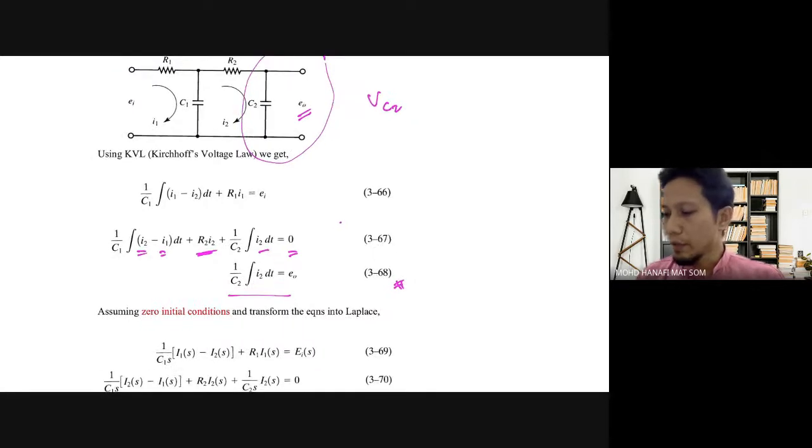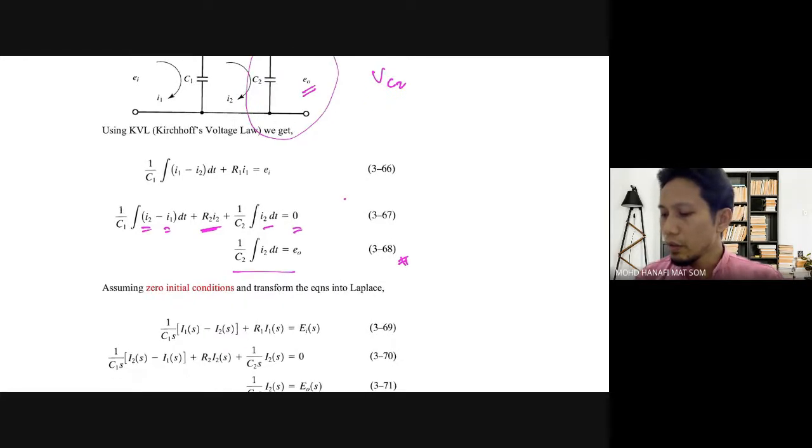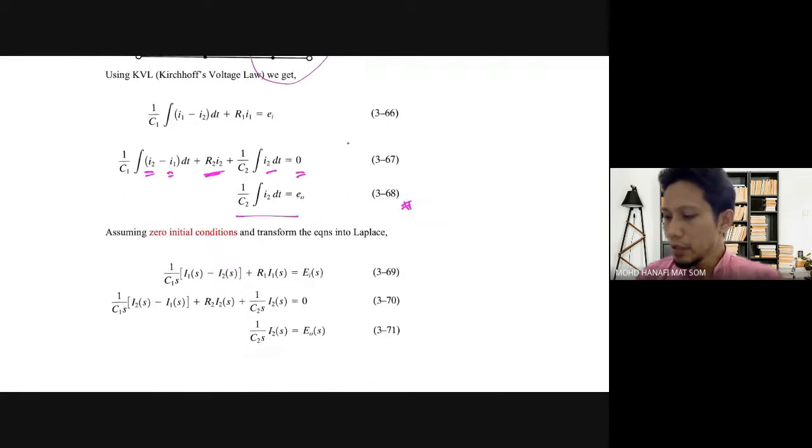Now we can finish the job of finding the transfer function Eo over Ei. We transform all 3 equations, 3.66, 3.67 and 3.68, into Laplace assuming zero initial conditions.